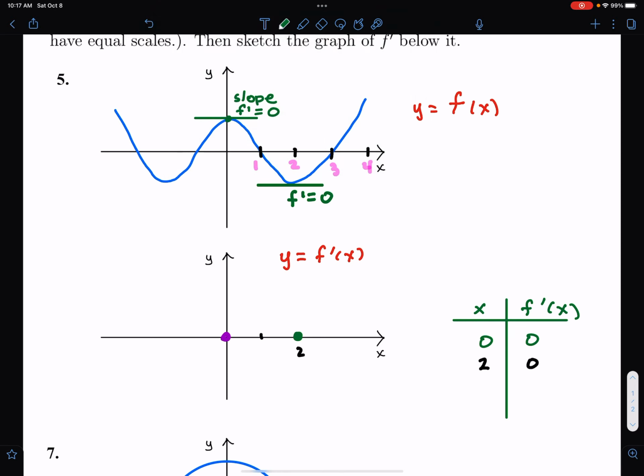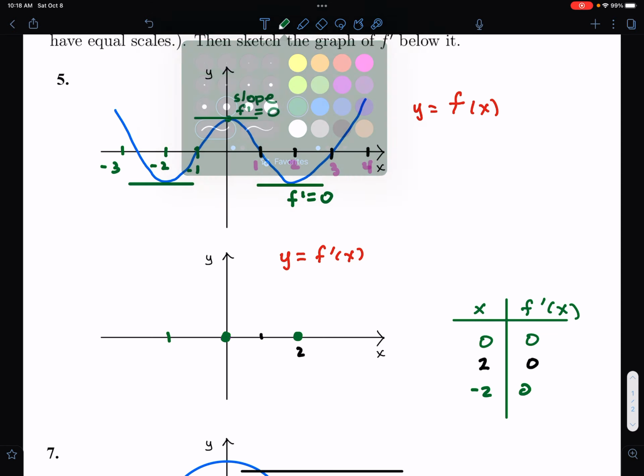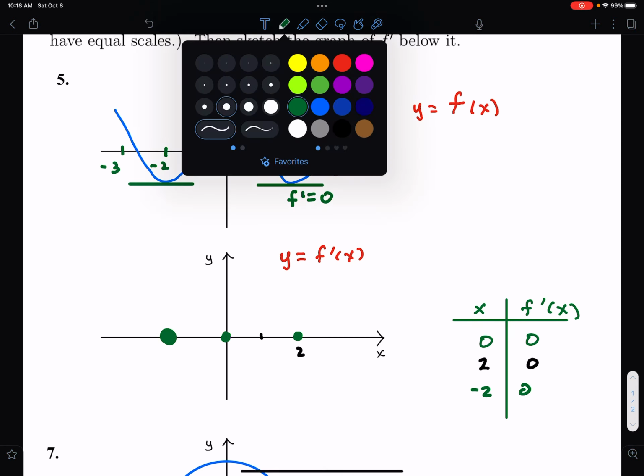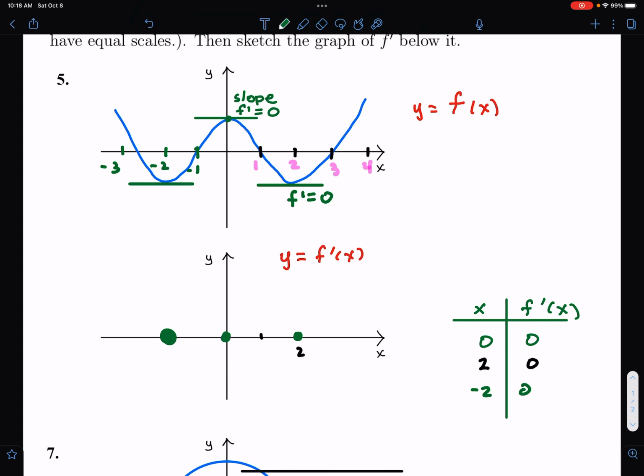My method is I look for places where I see a horizontal tangent line. Here's another one. This problem's copied out of a book, and in the book they also don't have numbers for x, but I'm just putting them there. At -2 I put 0. It might make the whole thing more messy, but I think it's okay to do that.